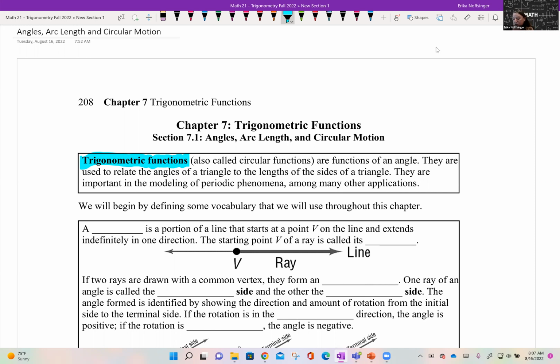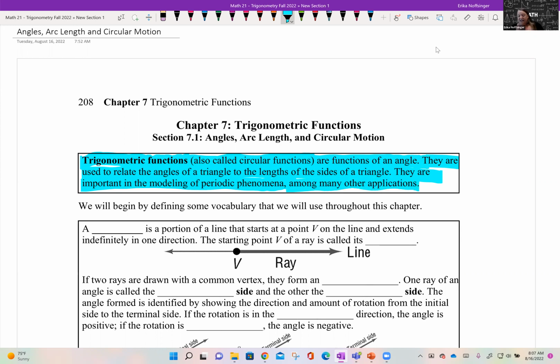So this is just a function, just like what I had said. Trigonometric functions, we can also call them circular functions, and we'll look at trigonometry as it relates to circles. These are functions of angles. They are used to relate the angles of a triangle to the lengths of the sides of the triangle, and they are important in modeling periodic phenomena, among other applications.